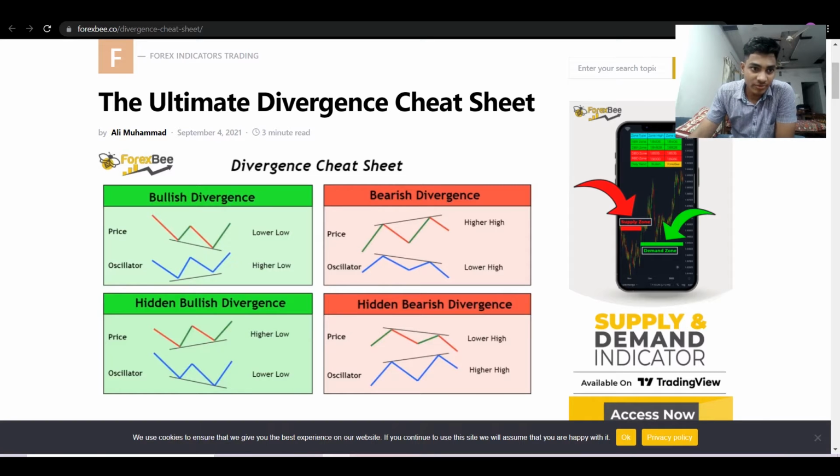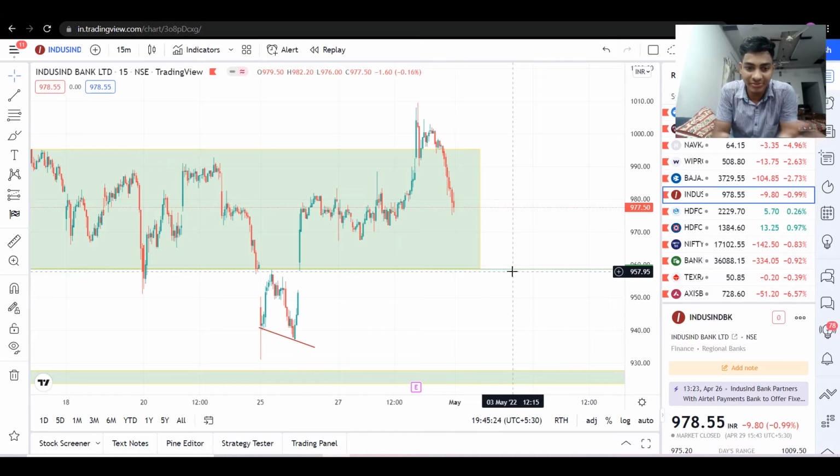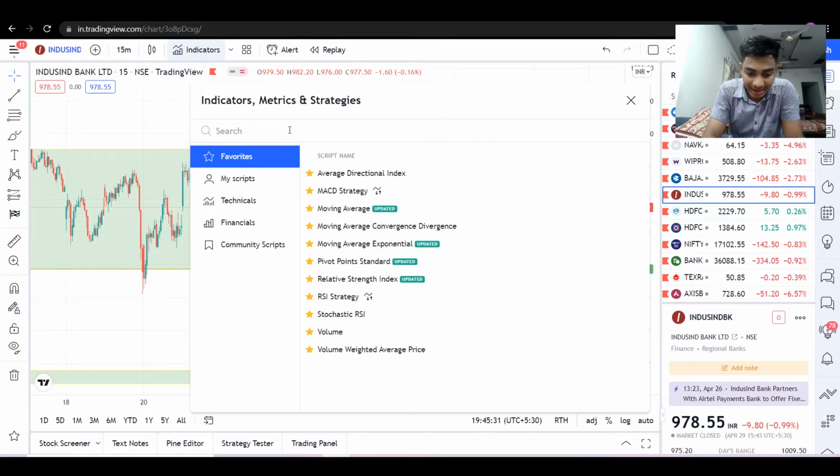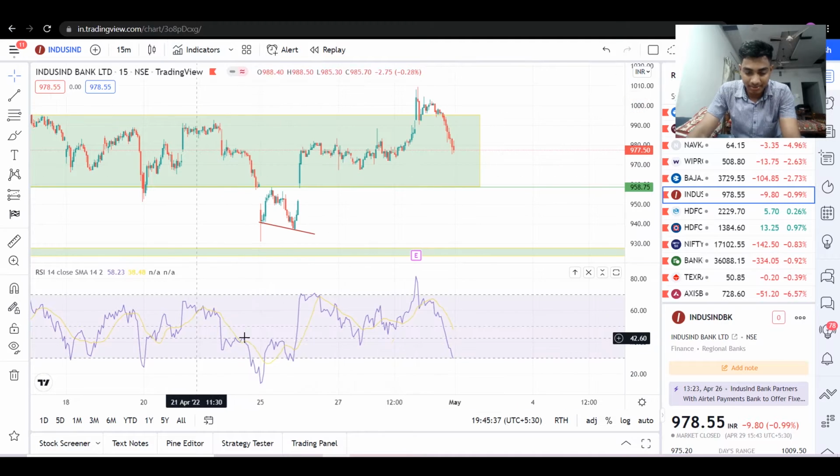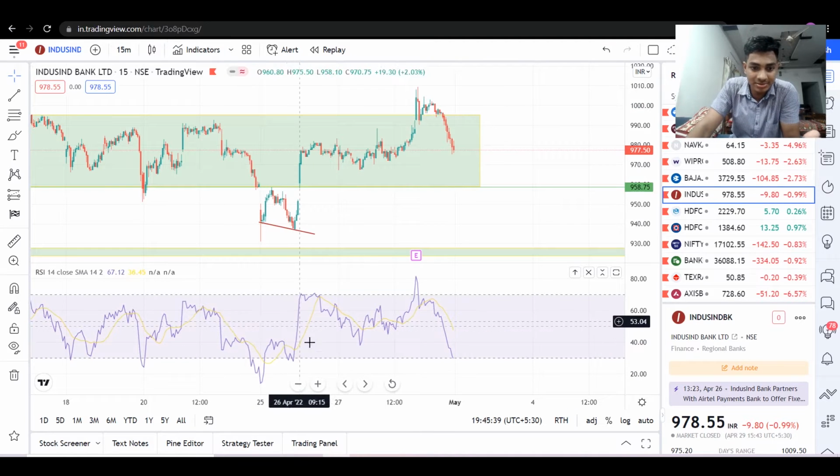Now going to TradingView, the chart shown here is of IndusInd Bank. I'm going to add an indicator; if I search here for RSI, it automatically pops up and you just have to select it, and a graph kind of thing comes up.